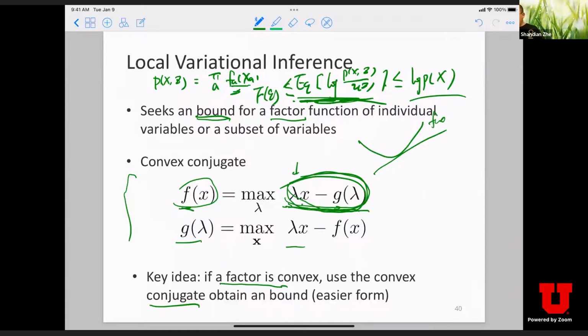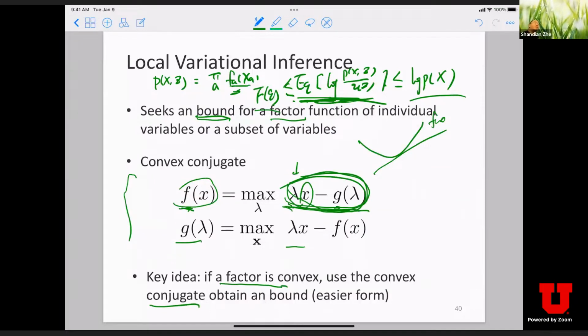So when I replace f(x) with this lower bound, the terms related to x become much simpler. It's just a linear term. Then we maximize the whole new lower bound, which usually makes the estimation of the posterior distribution of x much easier.